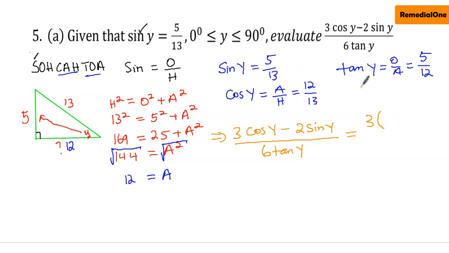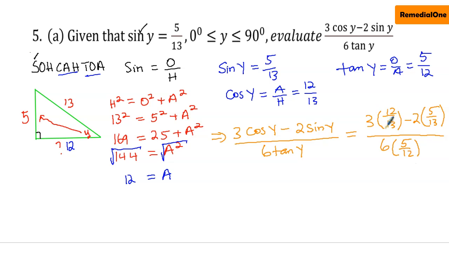So we already got cos to be here. So it's just going to be 12 on 13 minus 2, our sine is 5 on 13, all divided by 6 times tan y, which is 5 on 12.